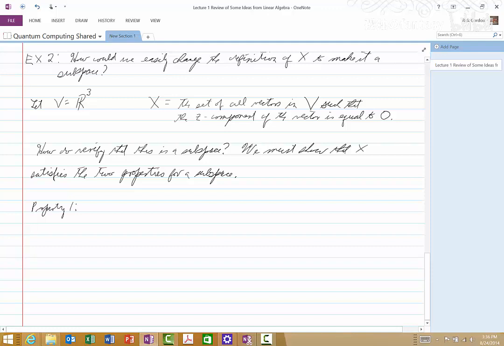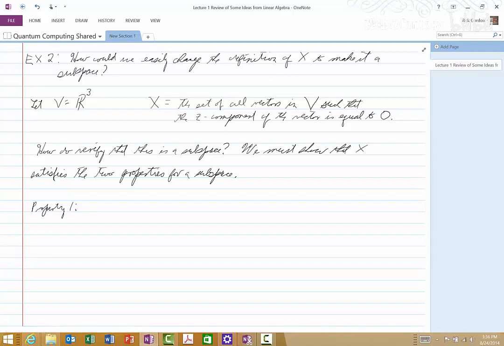Okay, so I hope that now you have given some effort to trying to prove that X is a subspace, and now we'll do it all together. Now remember, in the previous example we were trying to disprove that X, that was of course a different X, was a subspace.